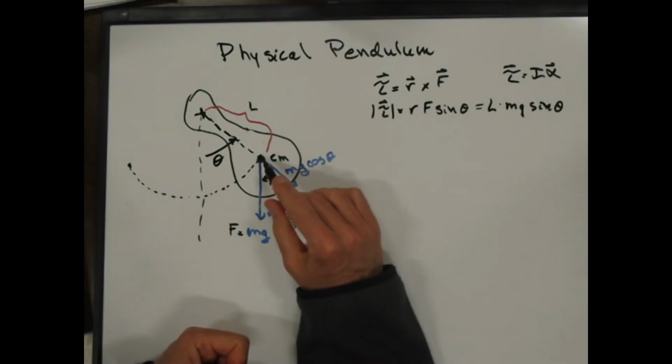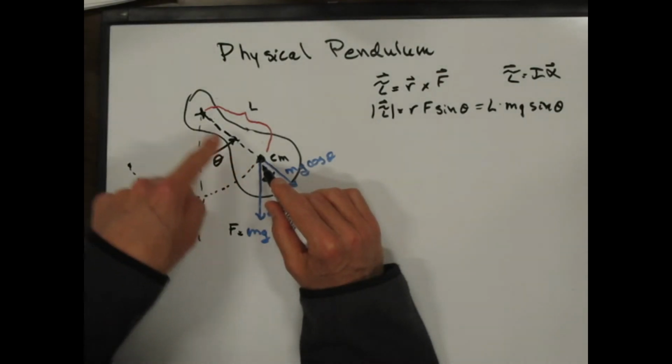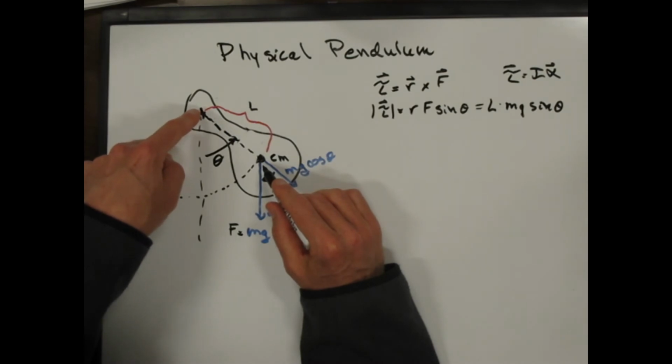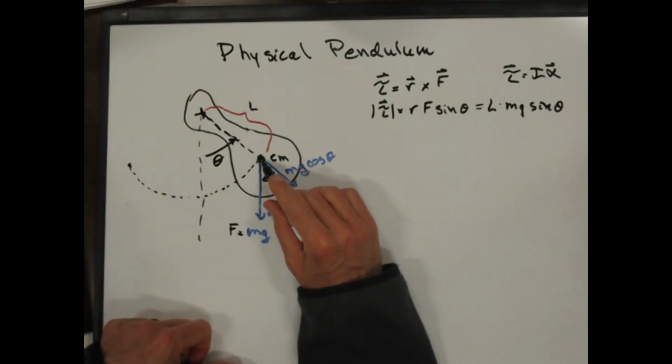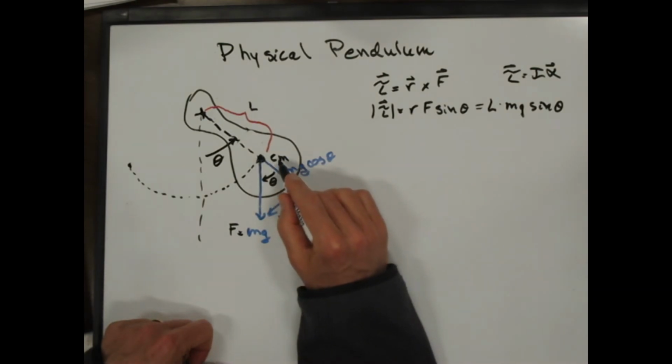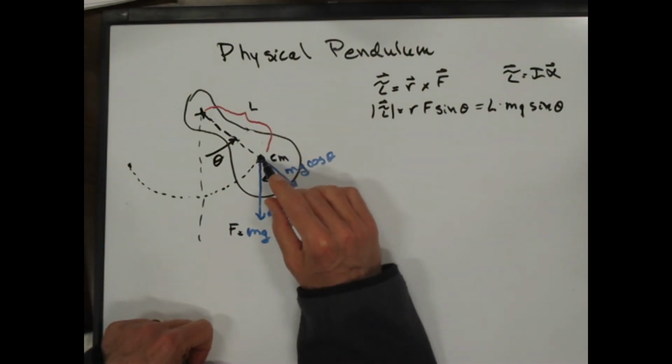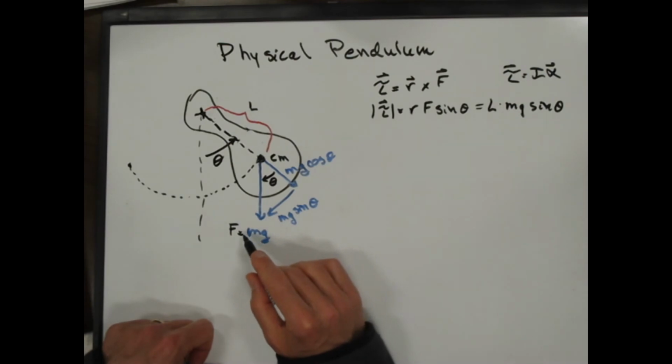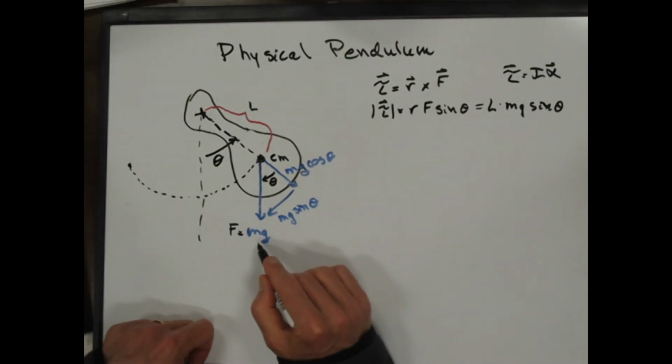If we just look at the forces acting not at the pivot point, the only one we have to worry about is gravity, and that acts at the center of mass. I've just picked a spot here and said that's our center of mass. So the force acting at the center of mass is just mg.